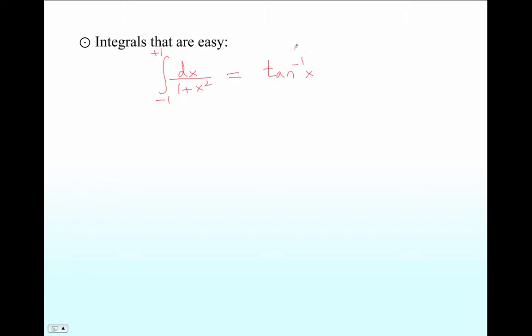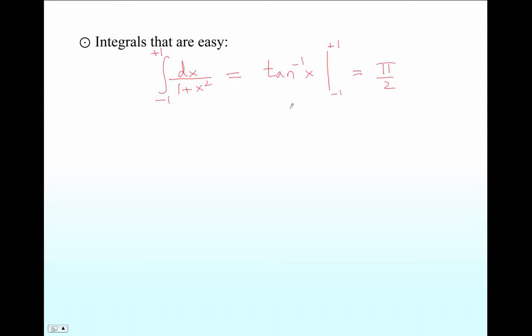If you differentiate tan inverse x, you get 1 over 1 plus x squared. And this has to be taken between minus 1 and plus 1. So that is pi by 4 minus minus pi by 4. So that's pi by 2.